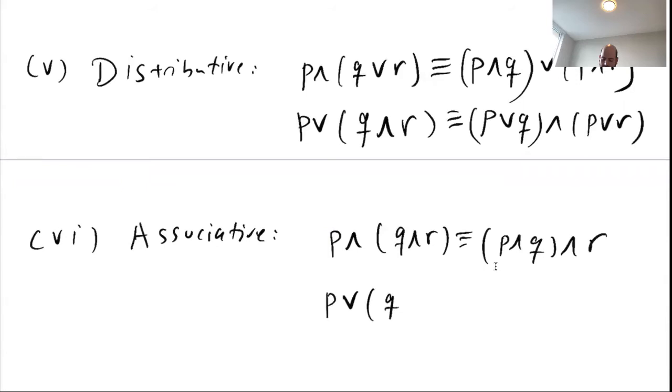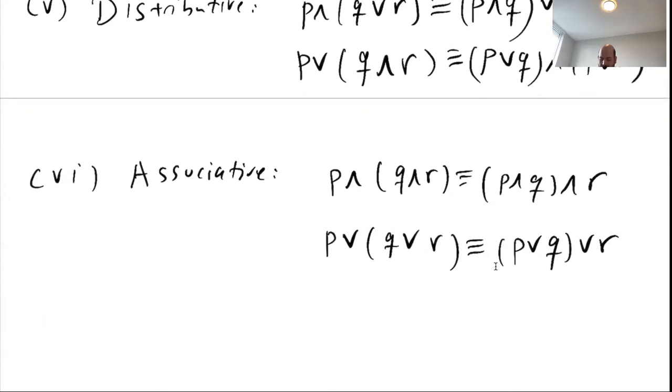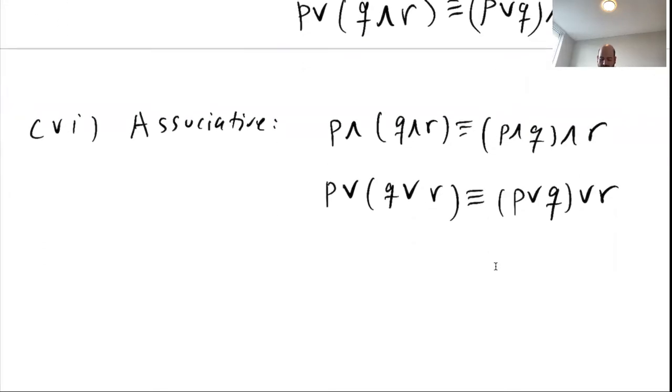(P disjunction Q) disjunction R is same as P disjunction (Q disjunction R). De Morgan, what we gave last time as exercise.